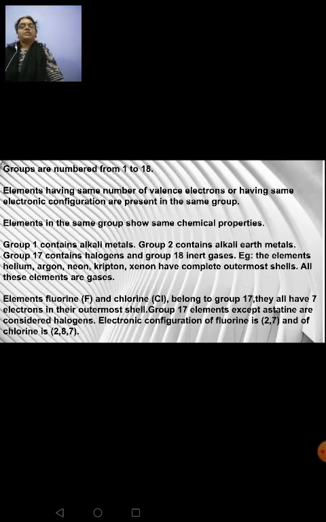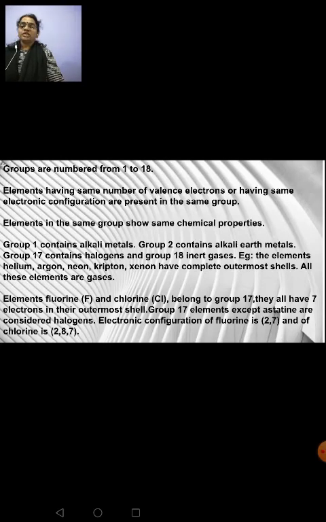Understood or not? Let me give you example. I'll take the example whatever is mentioned on this slide now. See here, when you take these elements like your fluorine and chlorine, look at them, they all belong to group number 17. Okay, fluorine atomic number is 9, so electronic configuration is 2, 7. Chlorine atomic number is 17, therefore the electronic configuration will be 2, 8, 7.